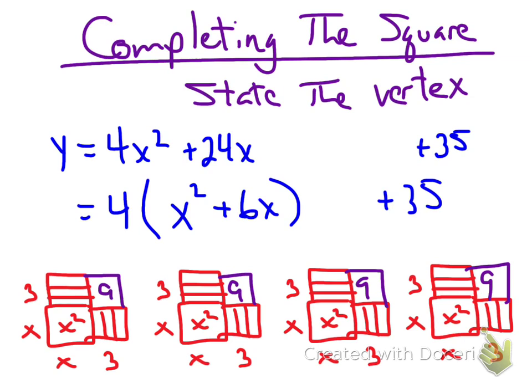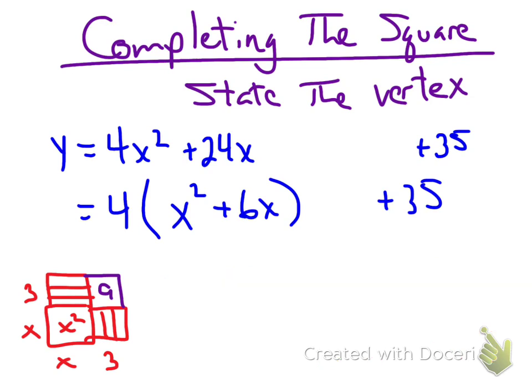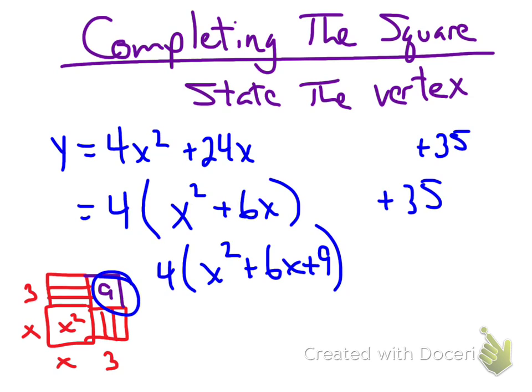So my problem here is now, as I get rid of and erase a bunch of these, 4(x squared plus 6x plus 9), because that's what I've added to complete that square. But now I need to subtract away this number that I added. But I added 9 4 times, so I'm subtracting away 9 4 times.